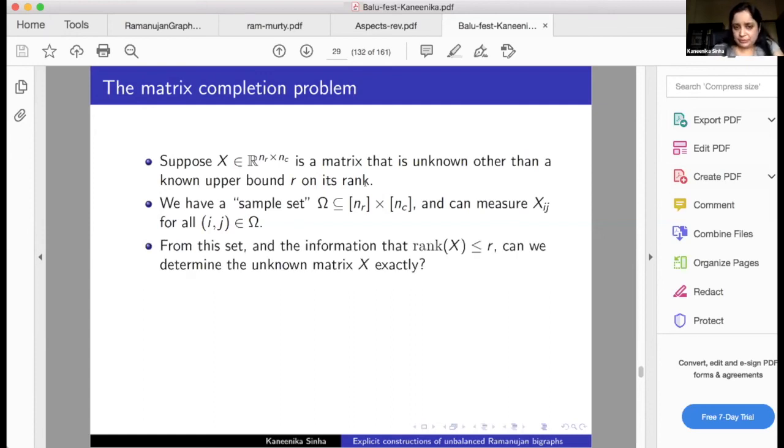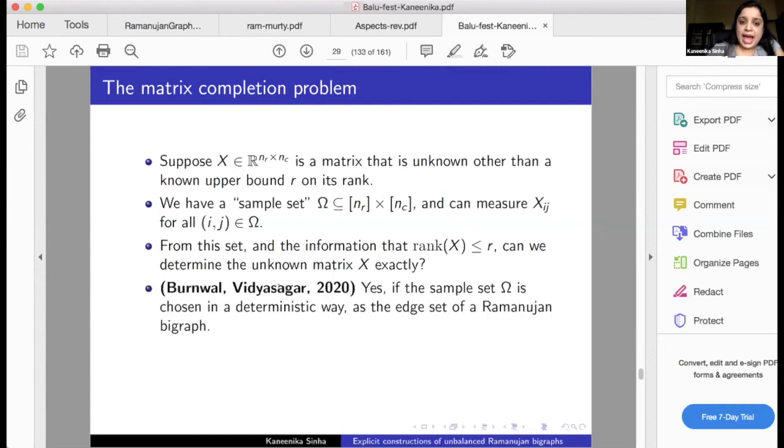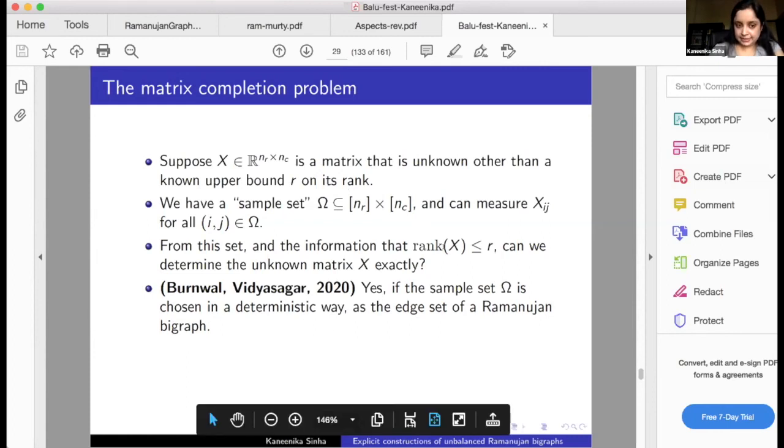Using what we know about the sample set as well as the bound on the rank of the matrix, is it possible to determine the unknown matrix X completely and exactly? This is the matrix completion problem. Bernwal and Vidyasagar have pursued this line of inquiry using Ramanujan graphs, and they have shown that if the sample set omega is chosen in a deterministic way as the edge set of a Ramanujan bigraph, then the answer to this question is in fact yes.